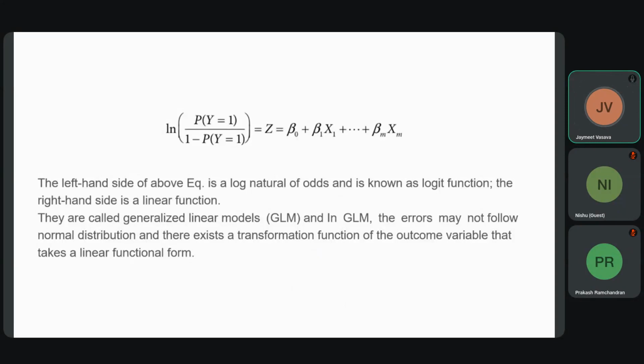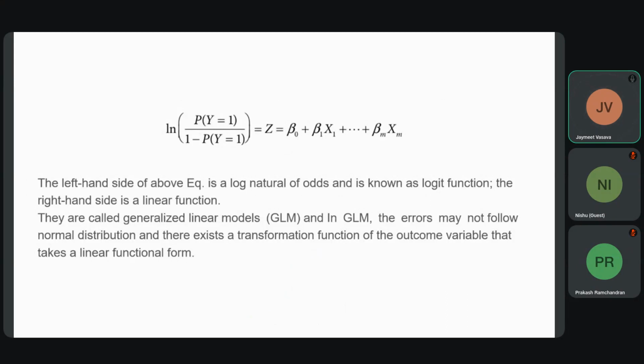So log of p, probability of y equals 1, by 1 minus probability of y equals 1, equals z, where z is beta 0 plus beta 1 x1 till beta m xm.